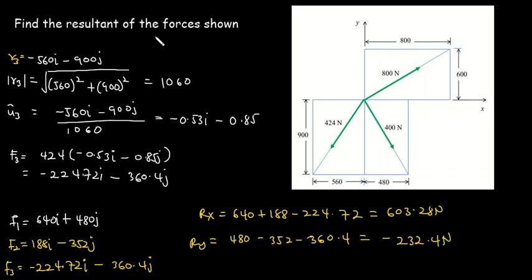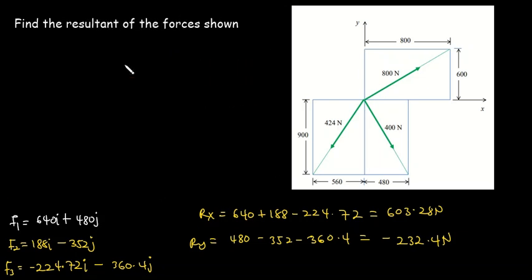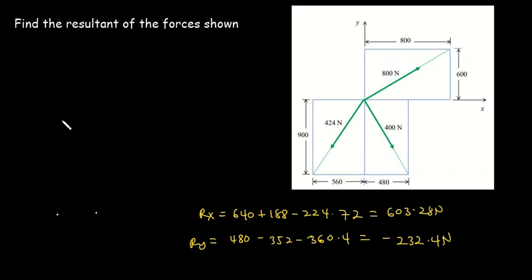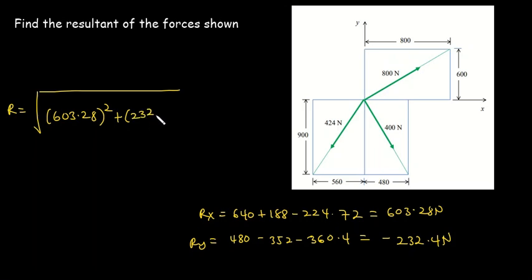So let's find the magnitude of this resultant force since we know its components. I'm going to have the magnitude equal to the square root of 603.28 squared plus 232.4 squared.